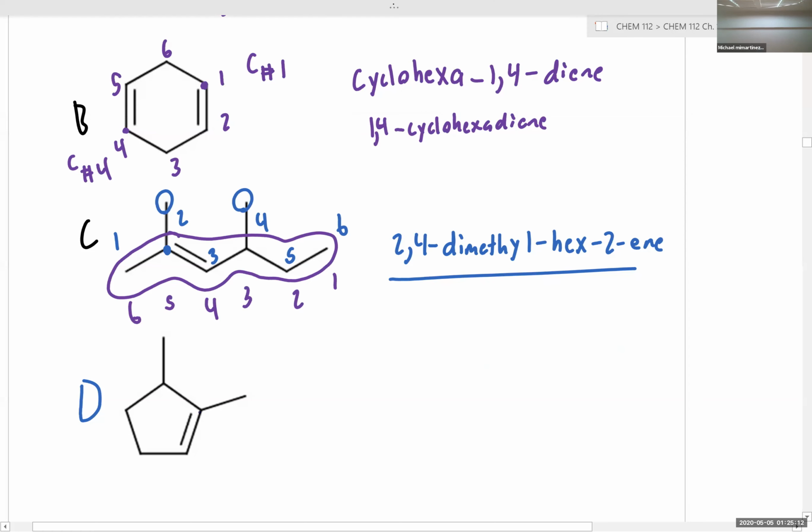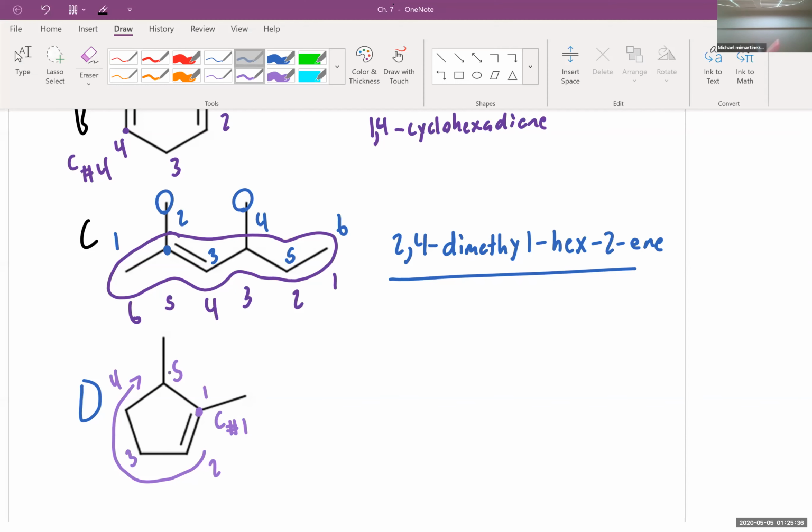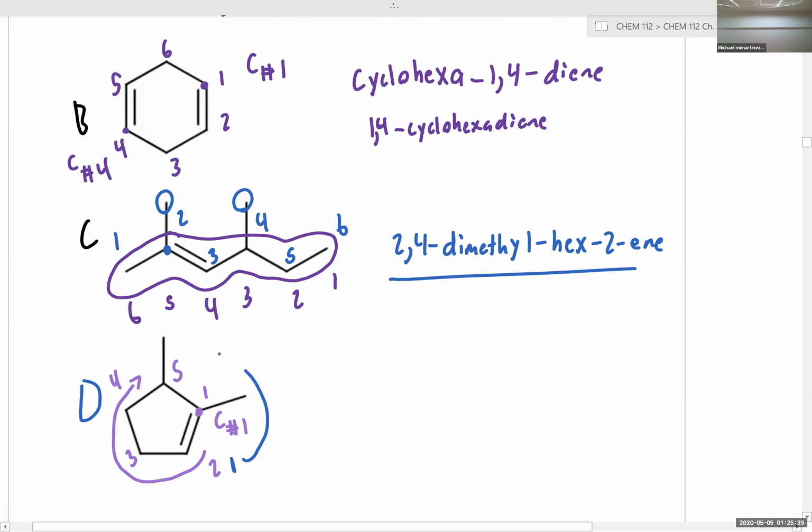So starting off, we want the smallest possible locant number for our alkene. So we'll put it at carbon 1. Okay, wonderful. So when counting, you have to count through your alkene. So we have to count through our alkene counterclockwise, 1, 2, 3, 4, 5, or alternatively, we can start on the other side of our alkene and count through our alkene clockwise, and blue is counterclockwise.